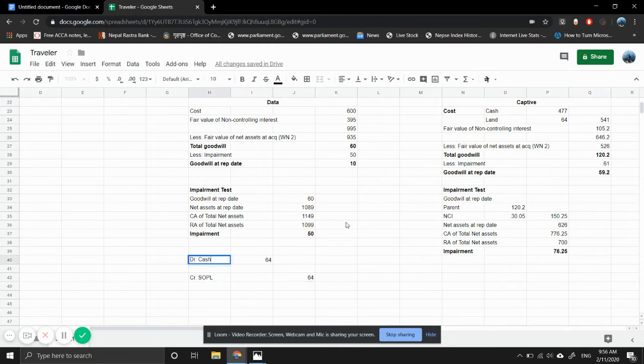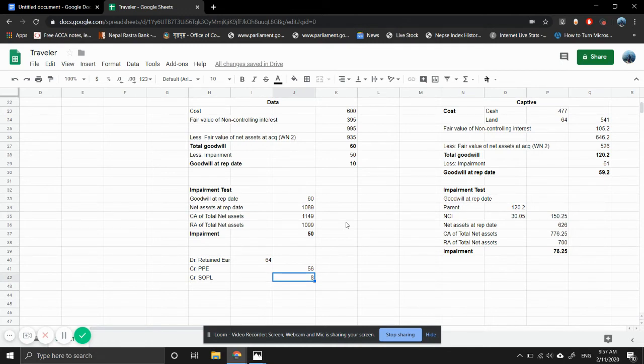So what we need to do is reduce it from retained earnings, and then credit PPE. How much PPE did we give them? We only gave them 56, so 56, and this figure would be this figure minus this figure.